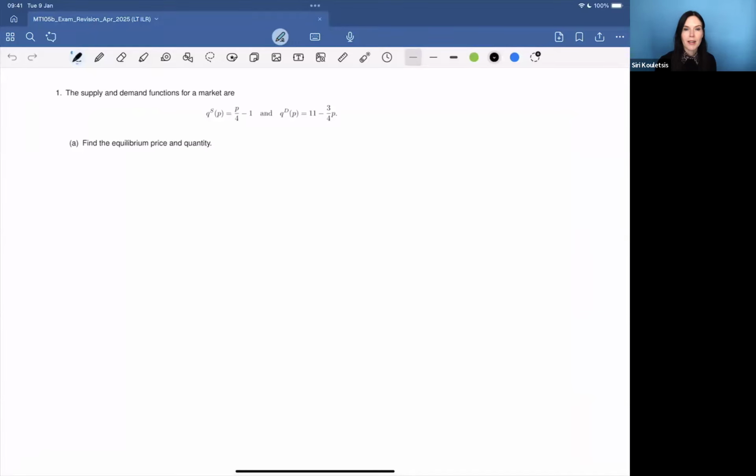Starting with the first question, we have the supply and demand functions as given. It's a three-part question, and it's going to evolve into a question on excise tax. But the first task in part A is just to find the equilibrium price and quantity.